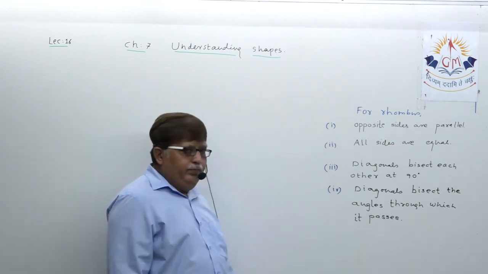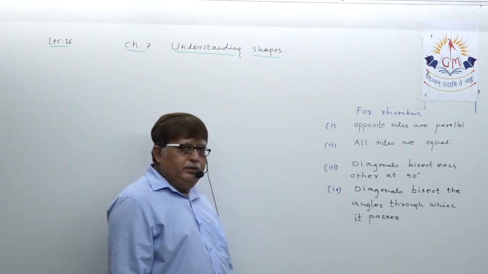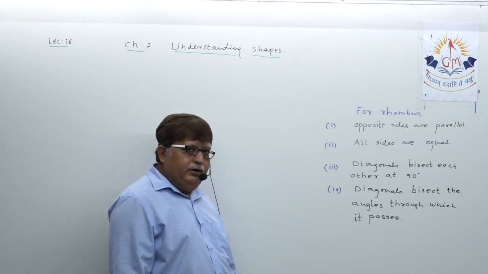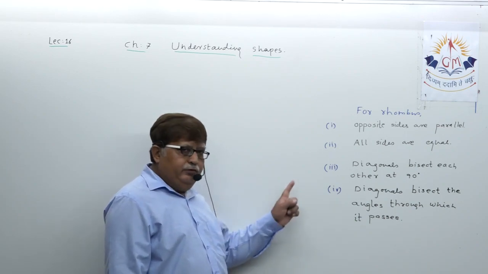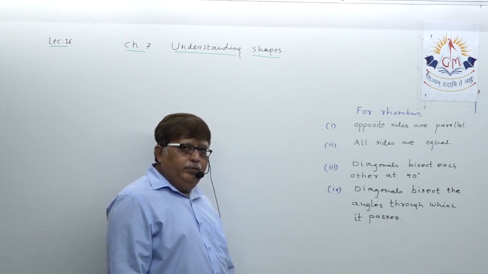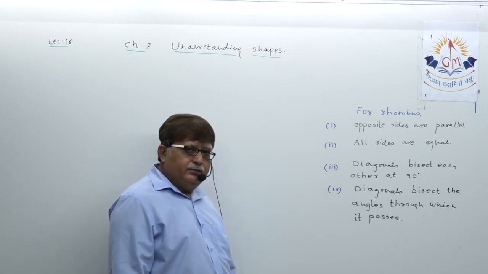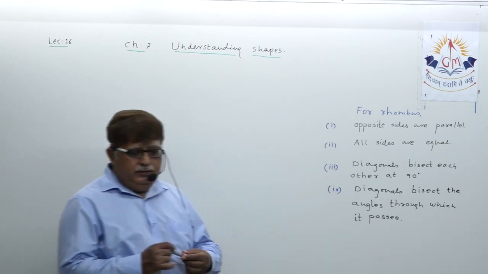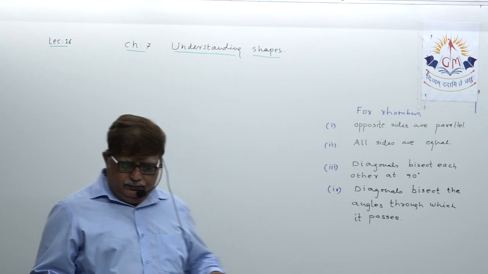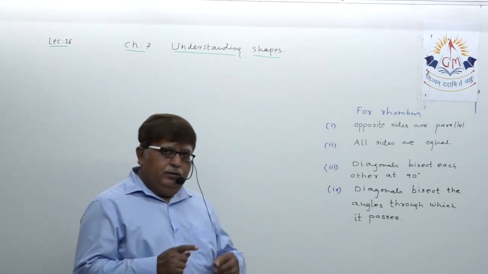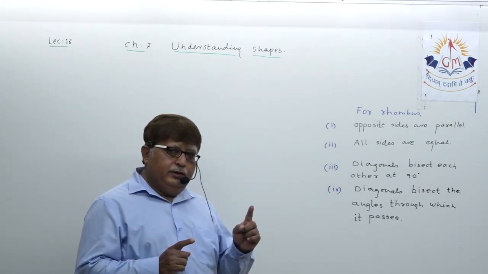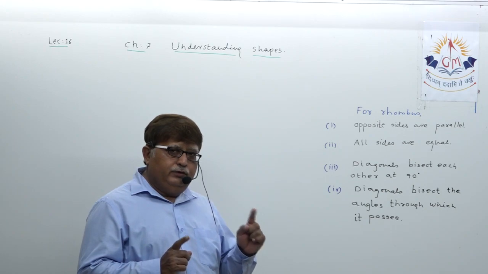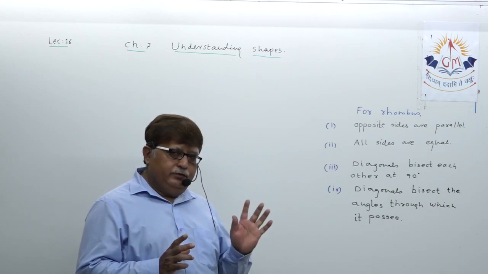What does this property suggest? That every diagonal in rhombus, as you know, passes through two opposite angles. And what it means to say is that a diagonal bisects the angles through which it passes.